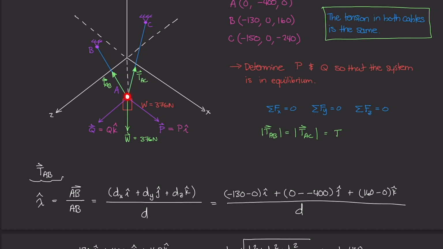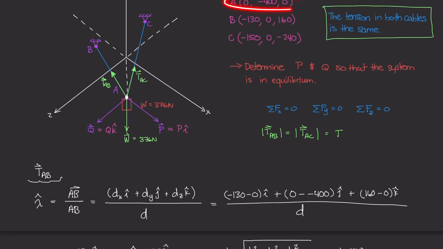So our starting point is going to be A, and our ending point is going to be C because the vector is oriented in this direction. So we're going to be looking at these two coordinates, A and C. C is our ending, A is our starting. So we're always going to take the starting value minus the end, and that will give us our values for dx, dy, and dz.